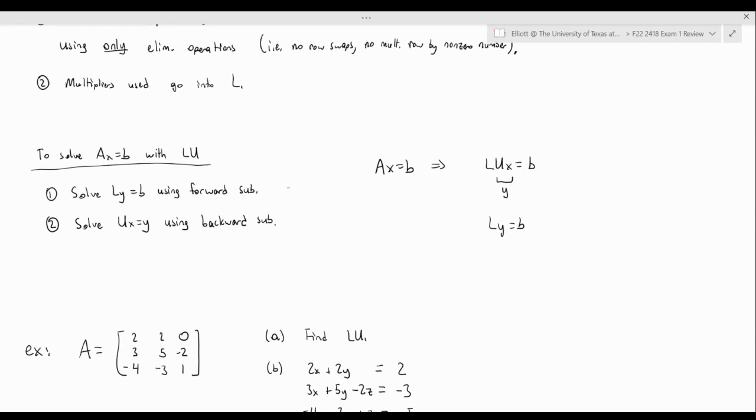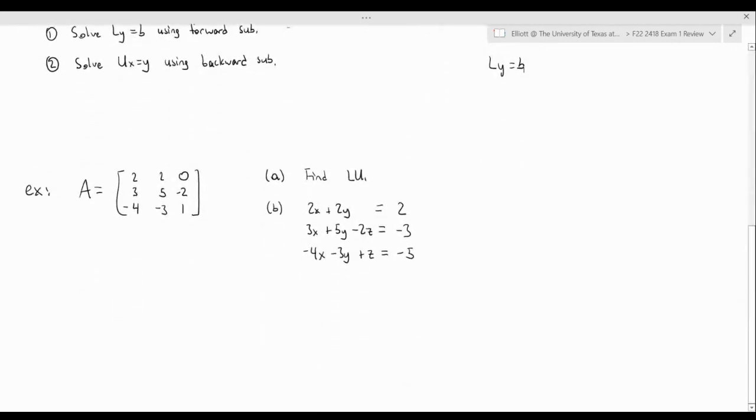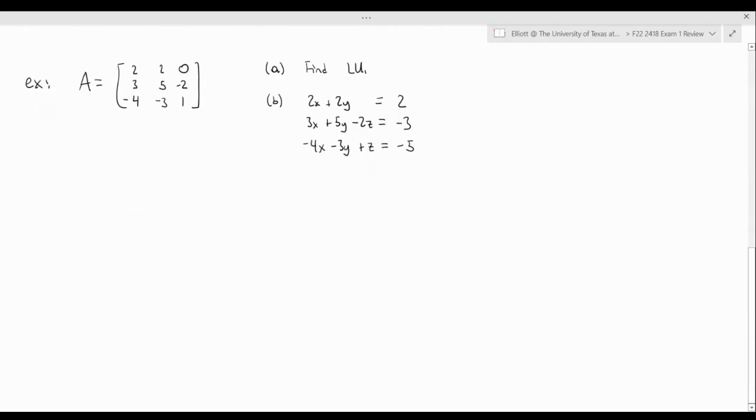After solving for Y, which is equal to UX, then to solve for X, you're just going to use that equation and solve for X using backward substitution, okay? So I'm going to illustrate that real quick with this example, and we'll end the review with this, all right?